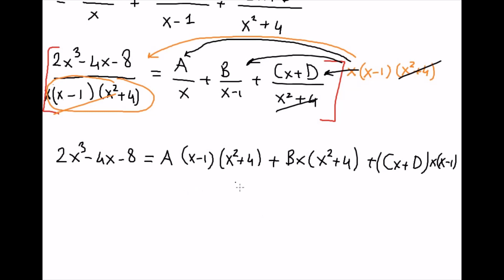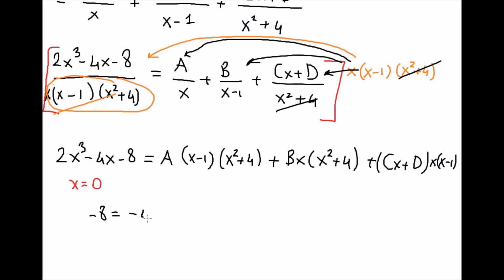Now we're going to solve for A, B, C and D. So we're going to use the technique of giving values for x. For the first, let's say x is equal to 0. Let x be 0, then what happens? Then the first term goes to 0, negative 4x goes to 0, so negative 8 is equal to, if x is 0, then x minus 1 is going to be negative 1, and x squared plus 4 is going to be 4. 4 times negative 1 is negative 4.